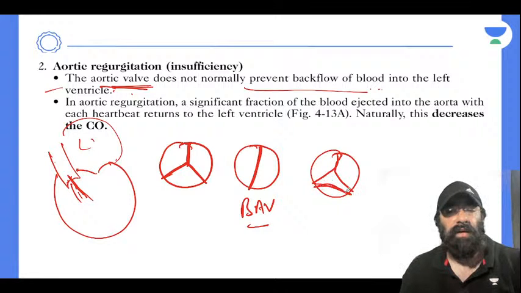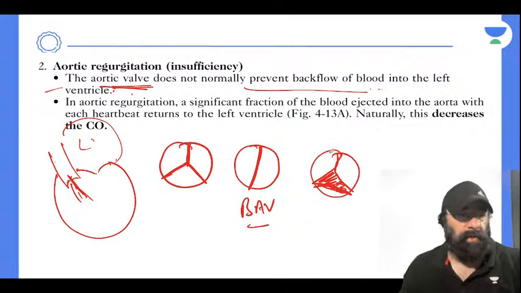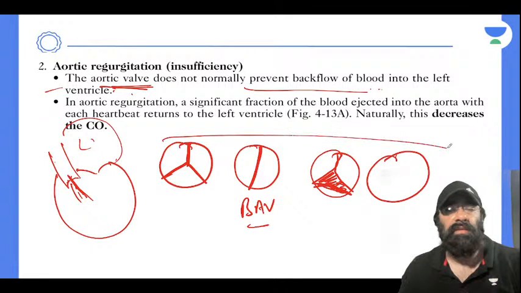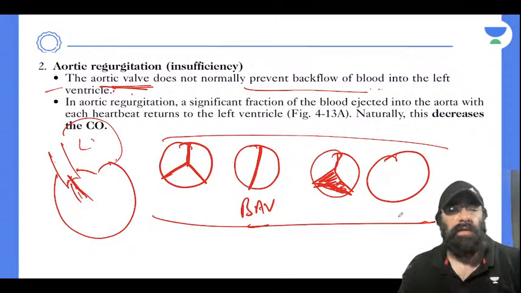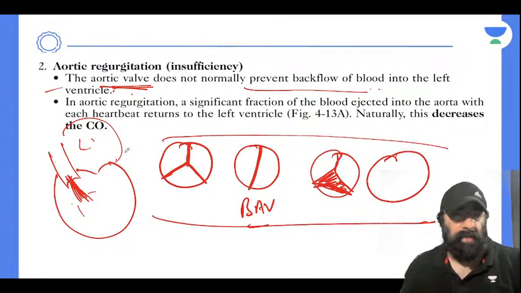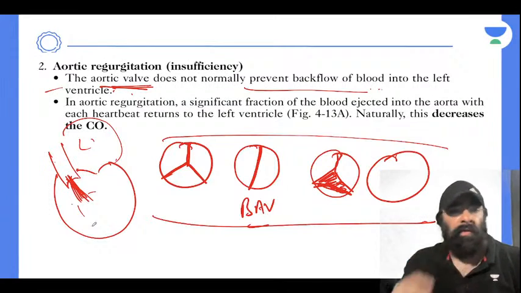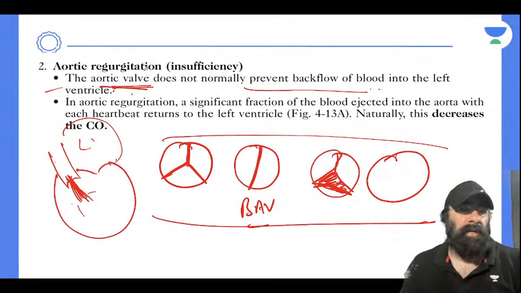So it does not close properly, and this whole window is open for the blood to leak back. A lot of these combinations can happen because of various diseases to cause a leakage into the aortic valve. Aortic valve causes back leakage into the ventricles. Okay, so यहाँ पर what is happening, जितना बड़ा लीकेज उतना ज़्यादा ब्लड वापस आएगा. तो then this particular thing is aortic regurgitation.